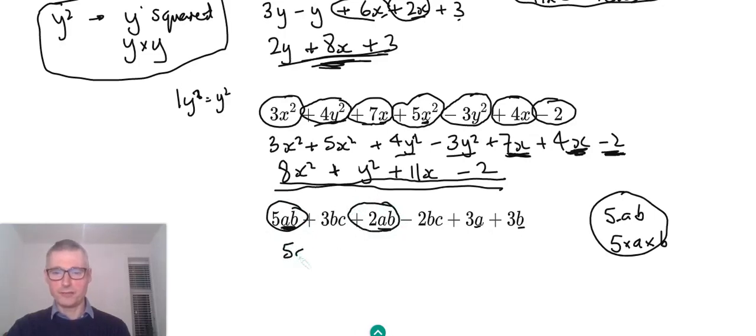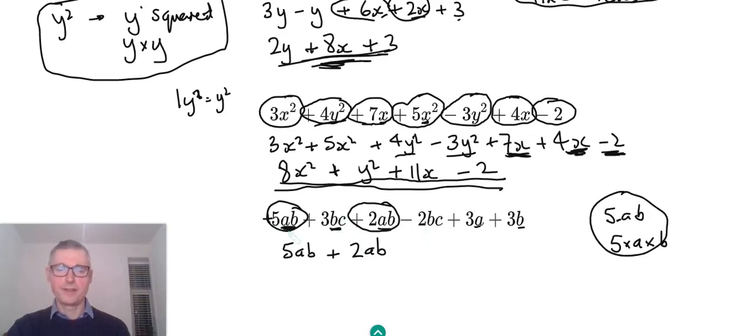So I've got 5AB plus 2AB. They're next to each other now, not forgetting to take the sign that's in front. For the first one on the line, unless it says otherwise, we can assume that it's plus, a positive.